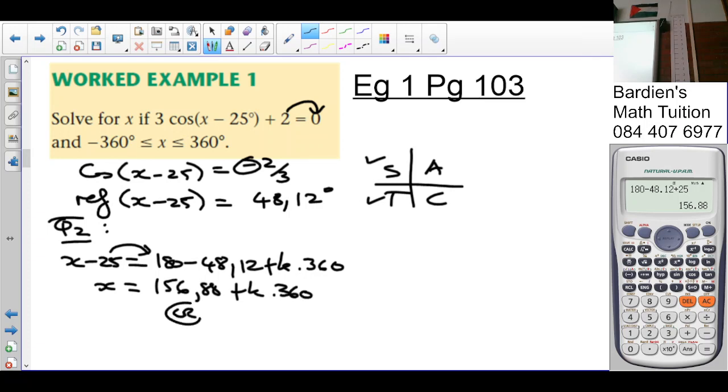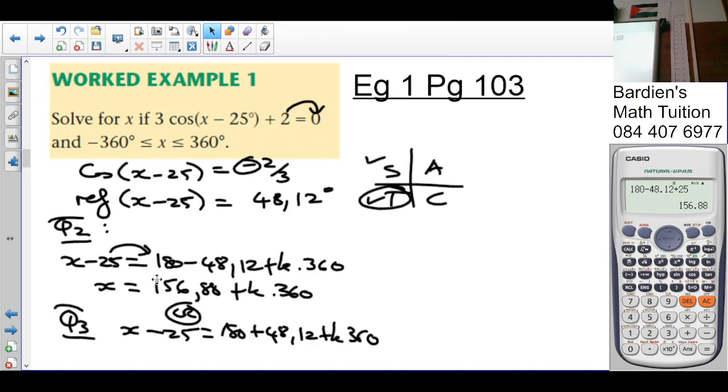Or in quadrant 3, cos is negative in that quadrant as well. x − 25 = 180° + 48,12° + k·360°. Why k times 360? Because the period of the cos graph is 360.